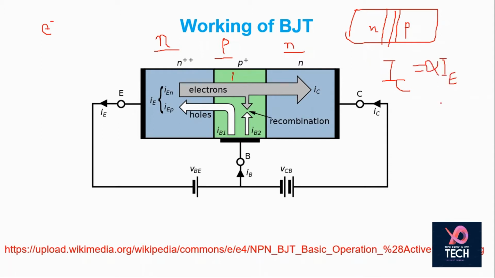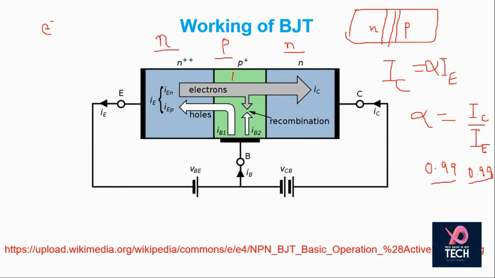Alpha is the ratio of collector current over emitter current. Practically it is around 0.99 or sometimes 0.98.